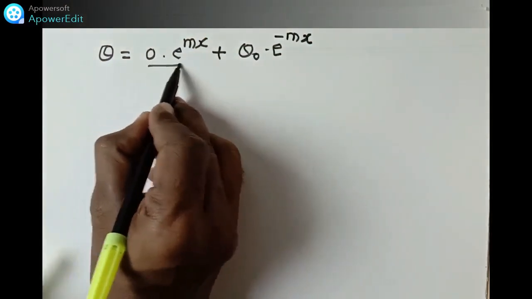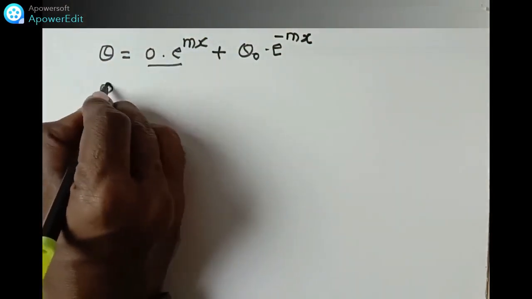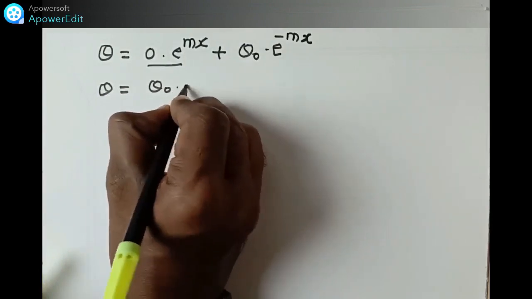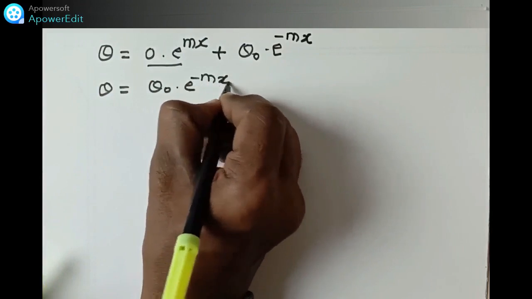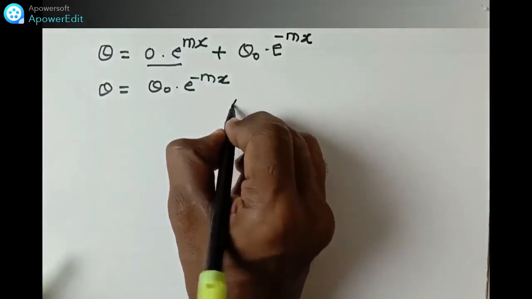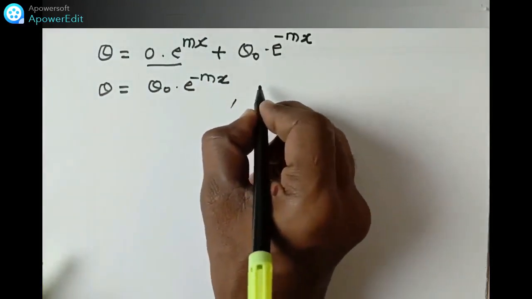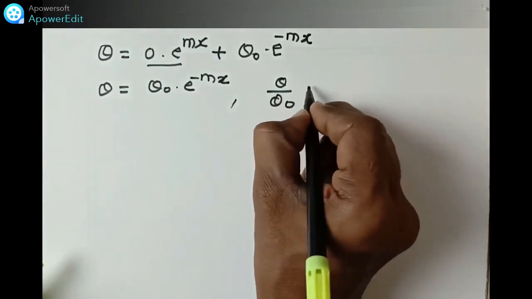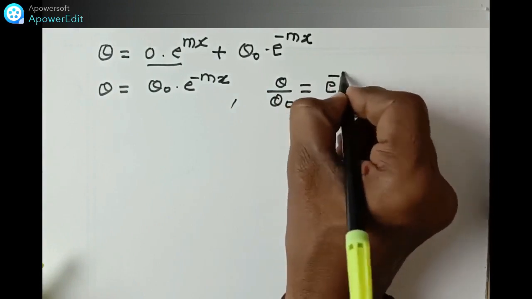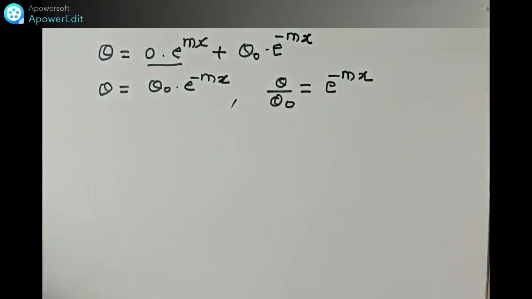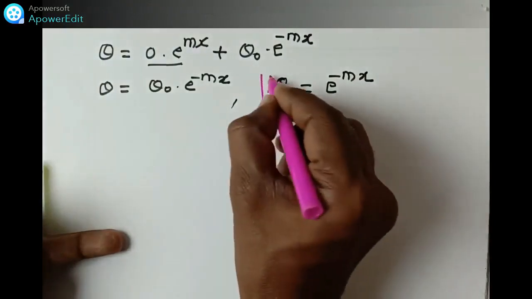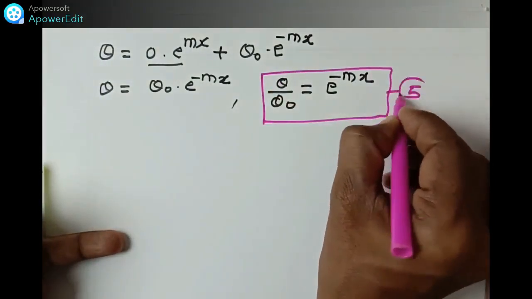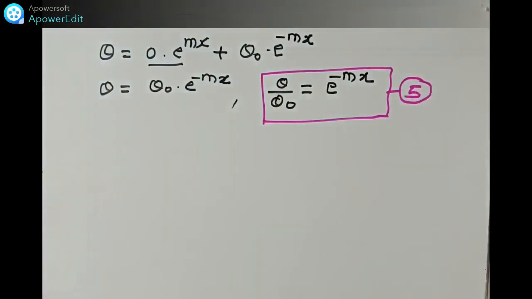Now this term will become 0. So theta will be equal to theta 0 into e raised to minus mx. So further simplification of this will be what? Theta upon theta 0 is equal to e raised to minus mx. So we will have this equation, say equation number 5.